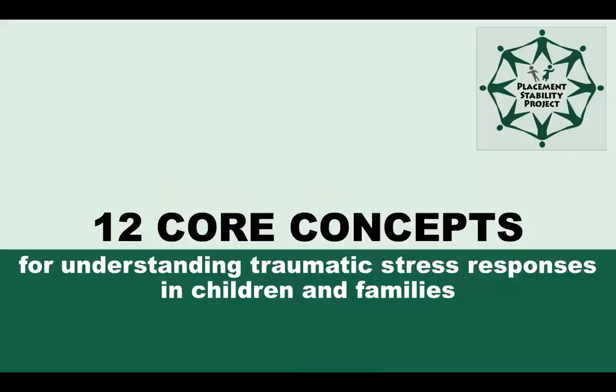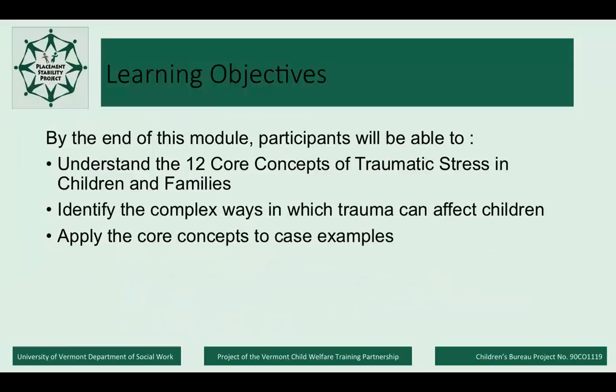Introduction. The following presentation is designed to familiarize you with the 12 core concepts of understanding traumatic stress responses in children and families. This presentation includes audio narration, pictures, and case examples to highlight the core concepts.